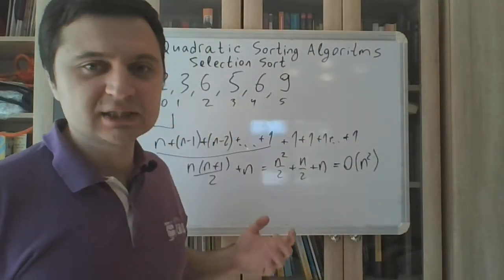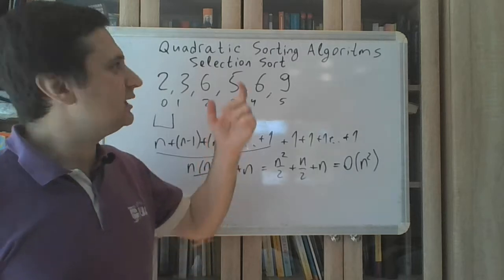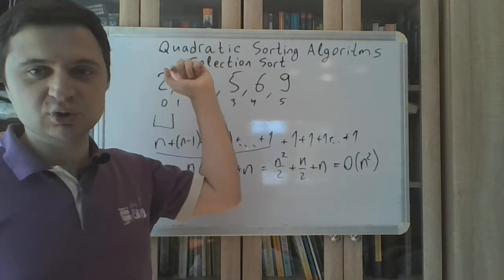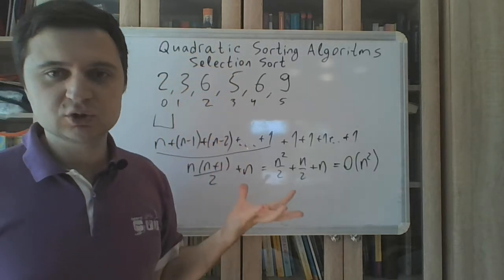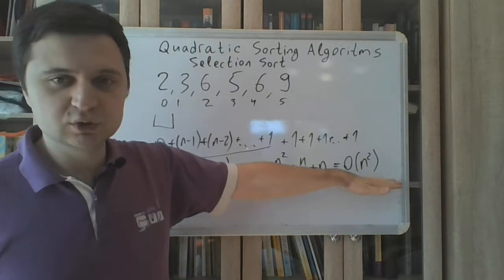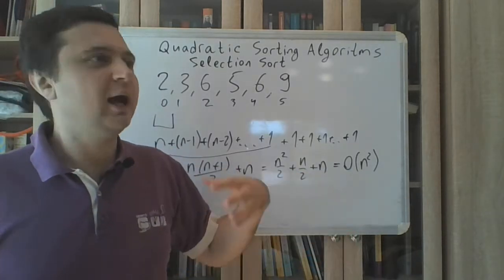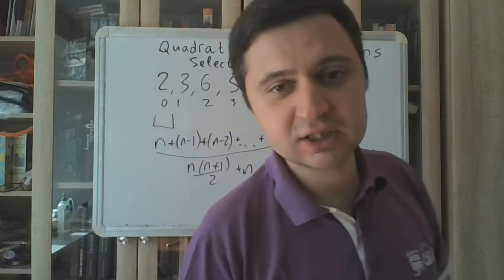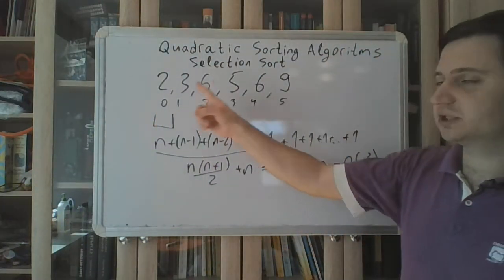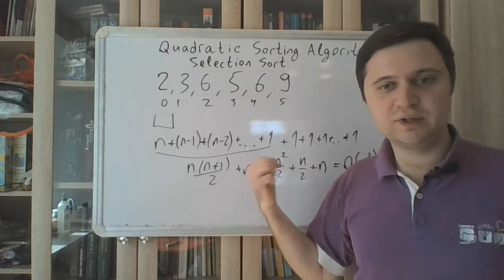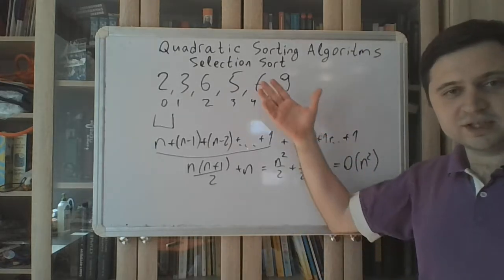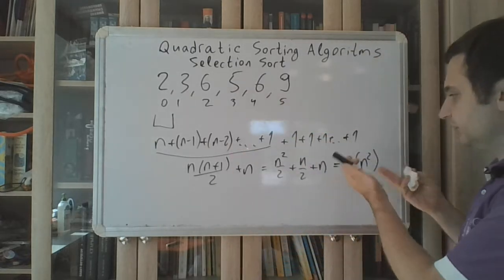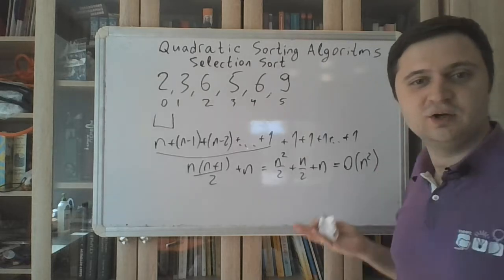And finally, I didn't say in the beginning why this adjective is used over here. Quadratic sorts are the sorts that use n squared time asymptotically. Not very fast, so you don't sort an array of size a million with this algorithm, but an array of size 10 or 100, why not?